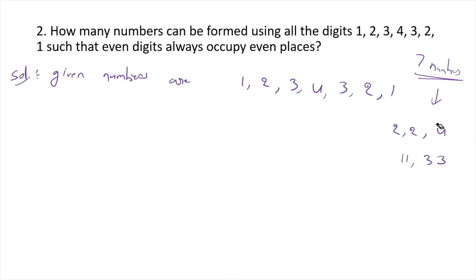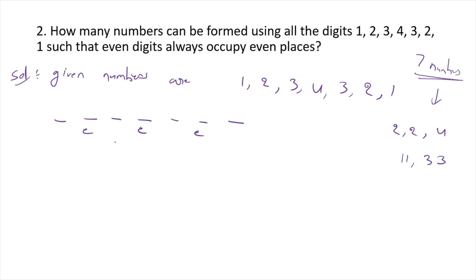Now the question is, the even digits occupy even places. So what are the even places here we have? This is my even place and this is my even place. This is my even place. So we have 3 even places and we have 4 odd places.